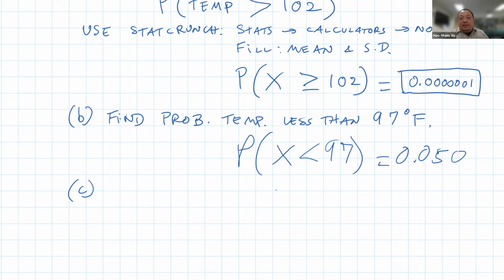Up here, I have people saying they start worrying at 101. But if it's 100, are you worried? Nobody cares. So at 100, we don't care, right? At 101, we care.